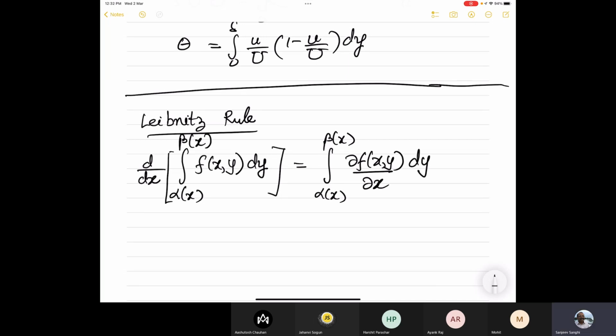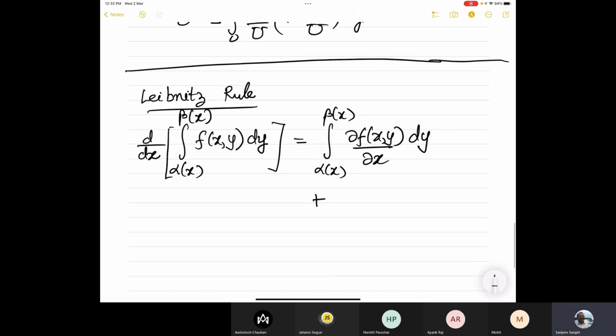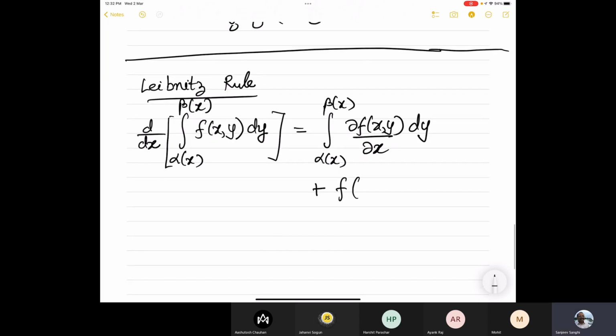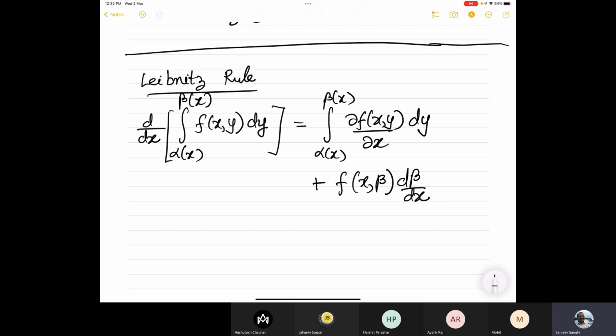This is fairly obvious. But now, because alpha and beta are not constant, I will get two more terms. The first term will be f of x comma beta, d beta by dx. So I replace whatever is y by the upper limit of the integral, and minus f of x comma alpha, d alpha by dx.